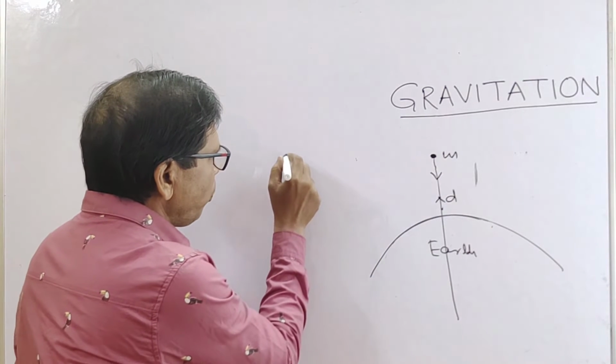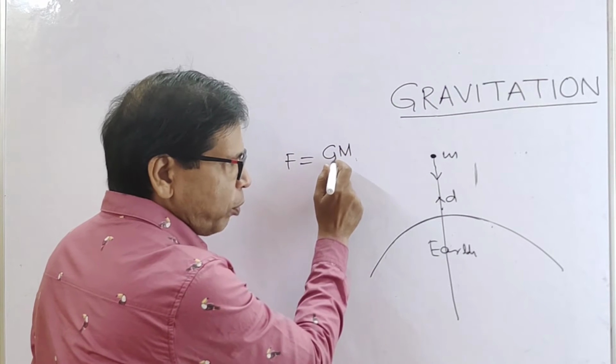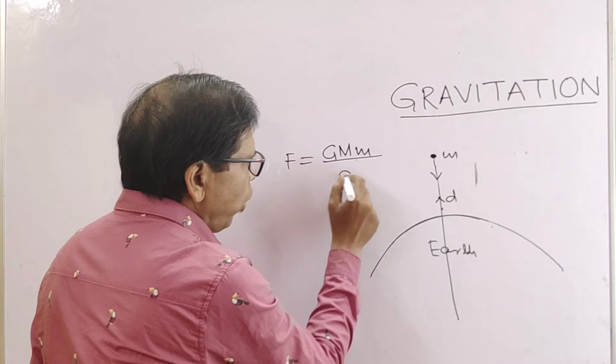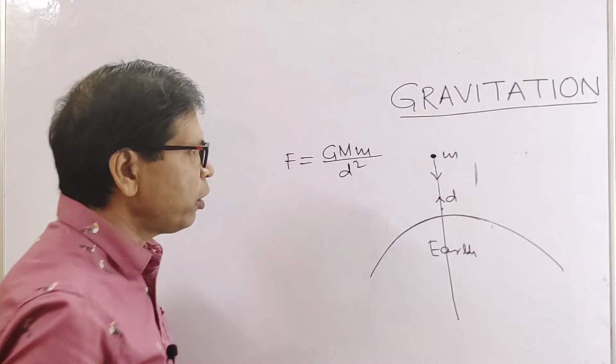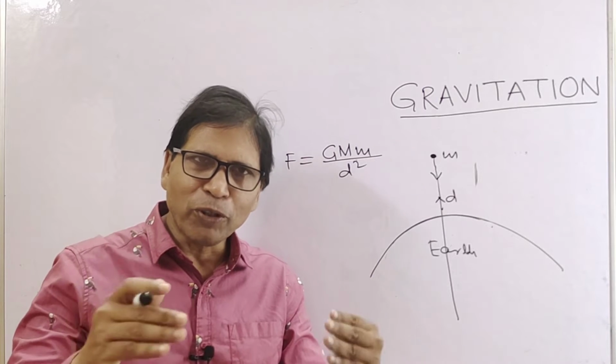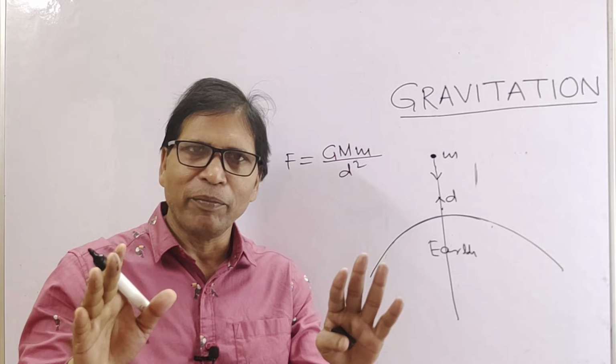Now the magnitude of the force of attraction F equals G capital M, mass of the earth, small m, mass of the body, divided by the square of the distance of separation. This force of attraction is the same.